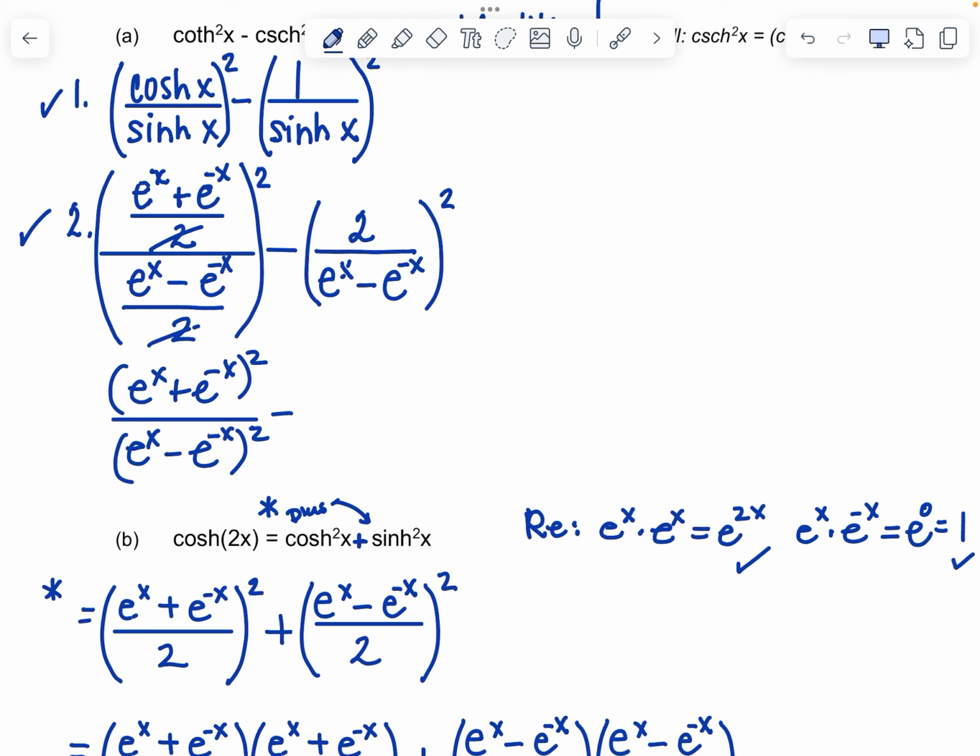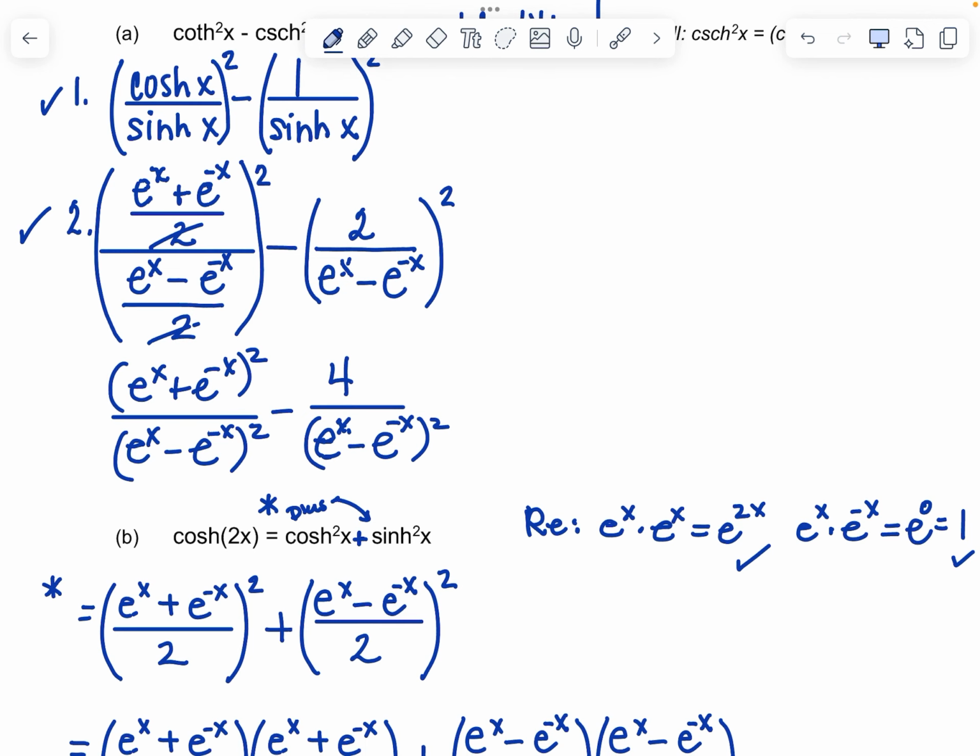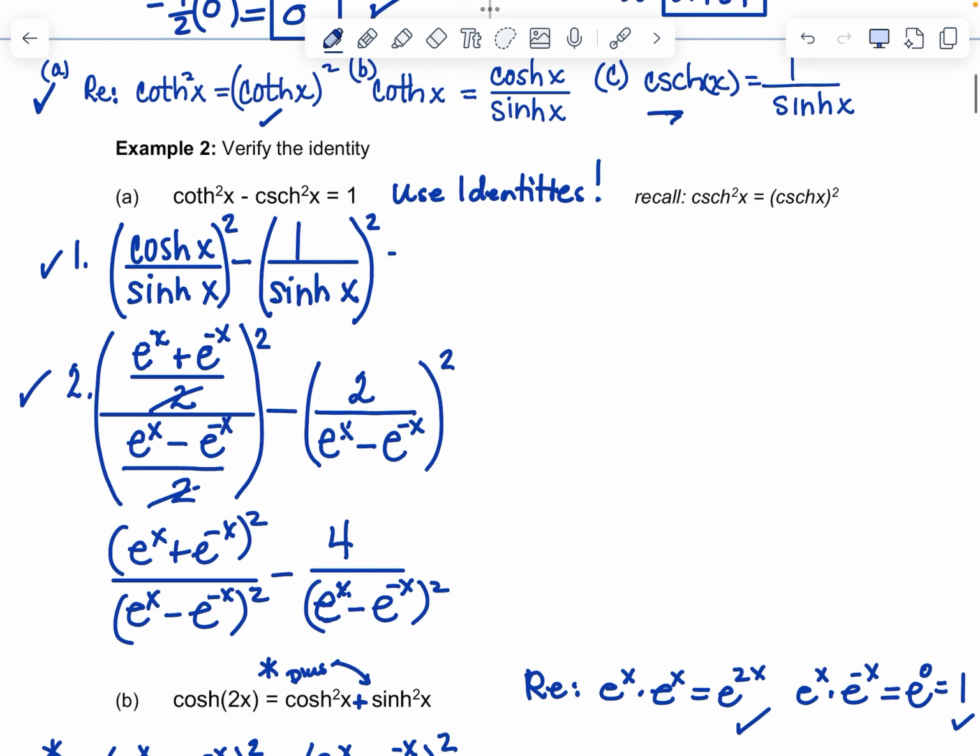Then that's minus 4 over, and you see the denominator is the same, which is nice, (e to the x minus e to the negative x) squared. Now that is equal to 1. This is equal to 1, okay?